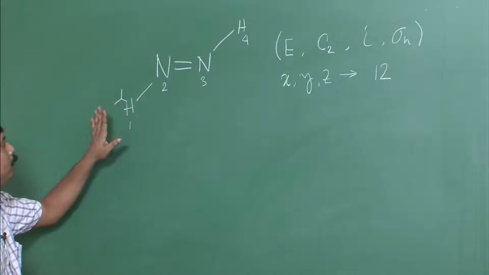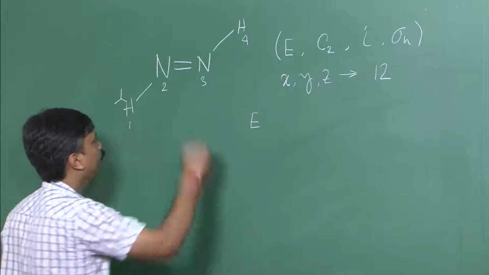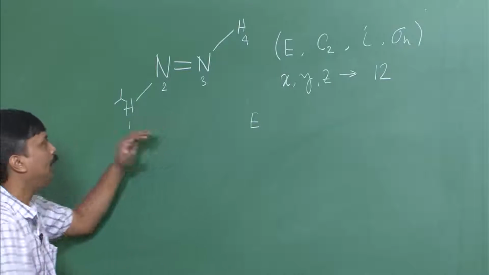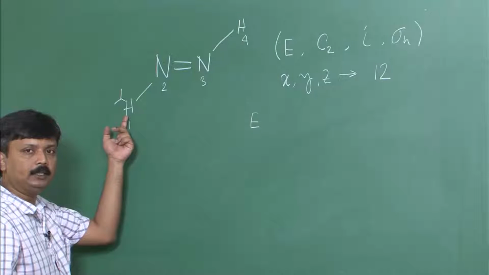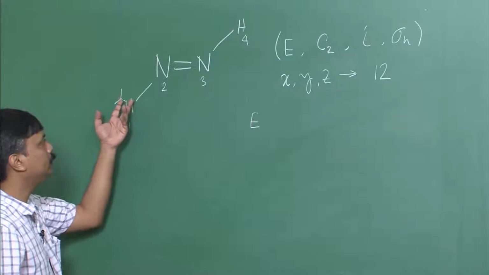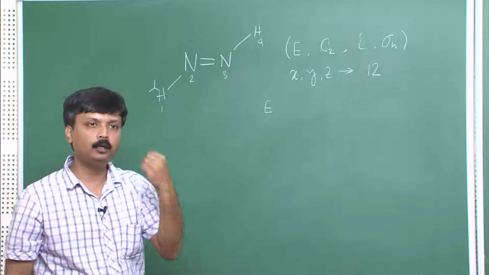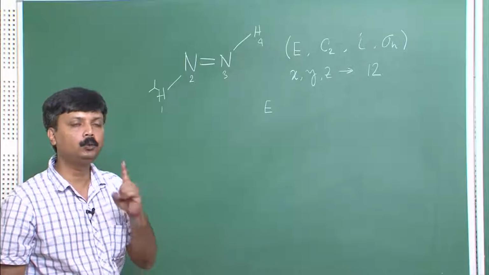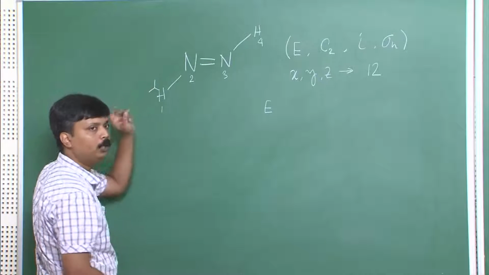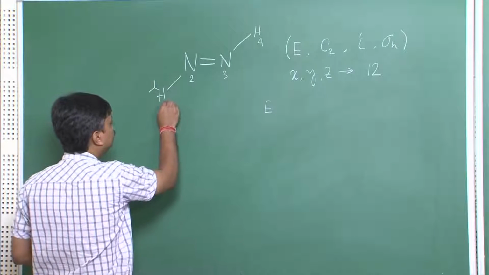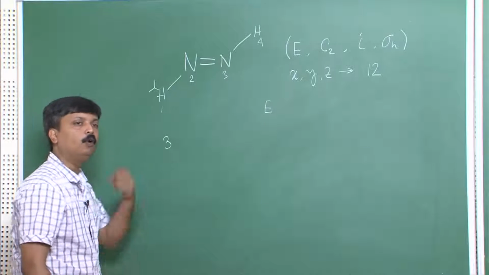For example, take identity. If I operate identity, let us concentrate only on this hydrogen atom. This one will remain unchanged, unshifted, right. So this atom and any basis functions on that atom will contribute 1 each to the overall character. So x1, y1 and z1 will contribute 1 each. From this hydrogen atom I will get a contribution of 3 to the overall character.